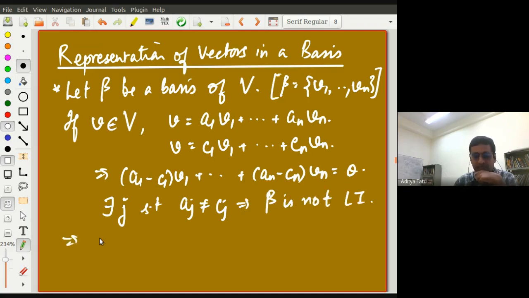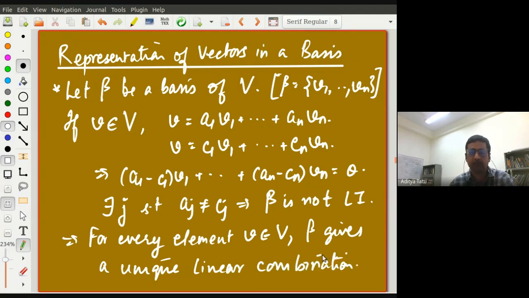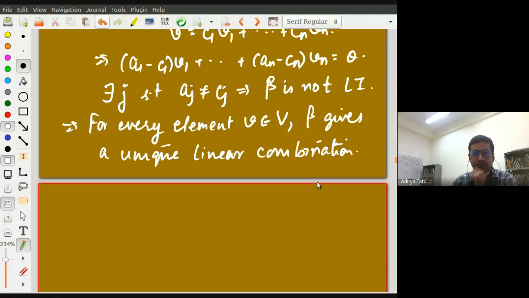Which means that for every element v in the vector space V, beta gives a unique linear combination. That clear to everyone?